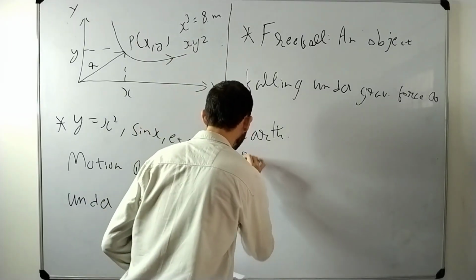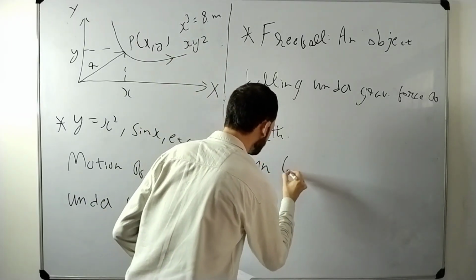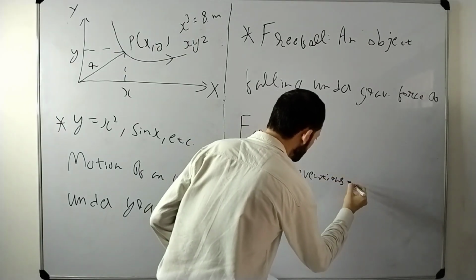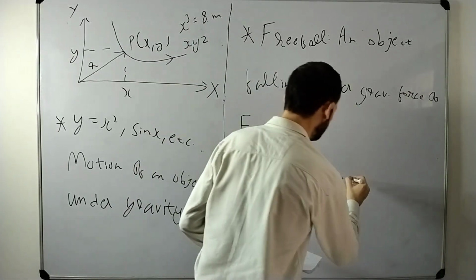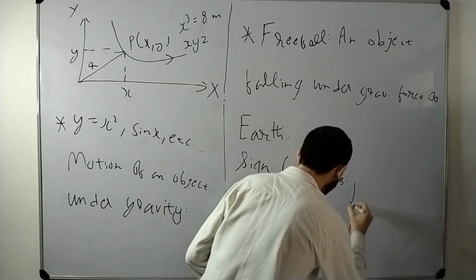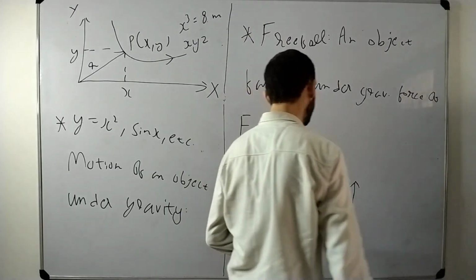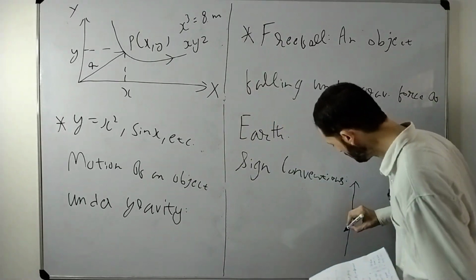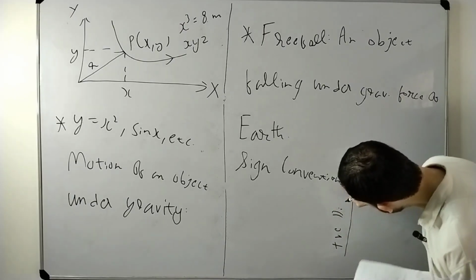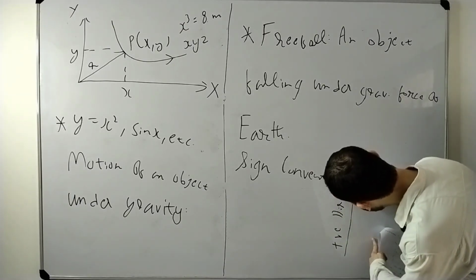Sign conventions. What are the sign conventions, sir? Sir, they could be like positive goes into positive direction. So this is the y coordinate, and this is positive I would write, positive direction.